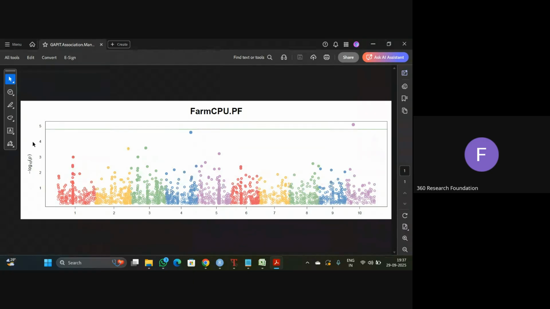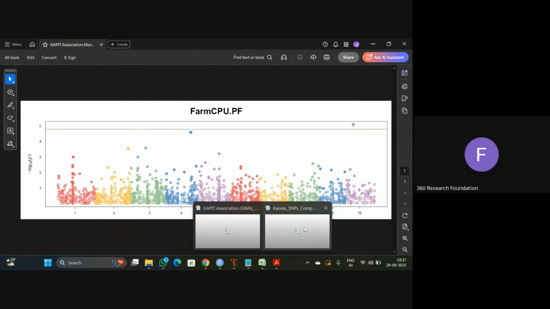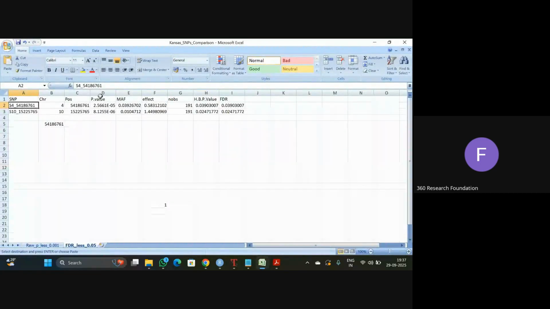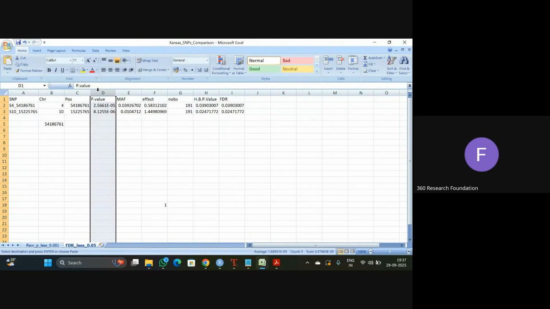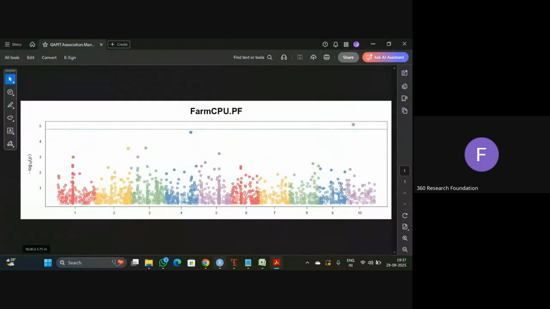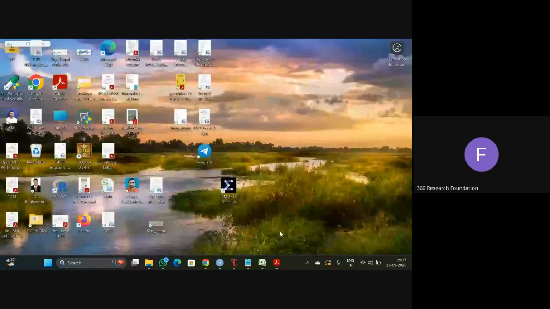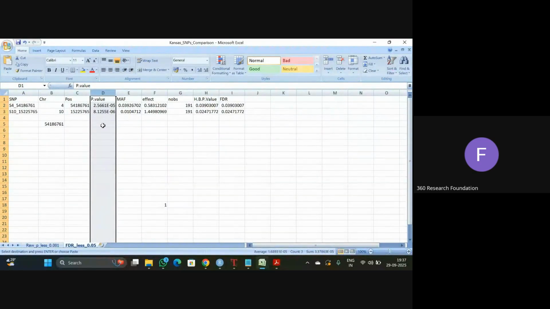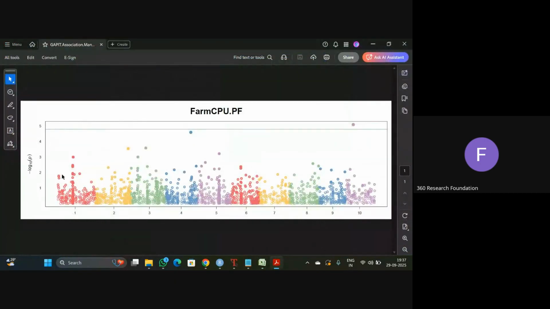So these are the values we got. These are the values located on the y-axis. These are the observed values, not expected. And whatever the colored dots are there, each dot is one SNP marker.